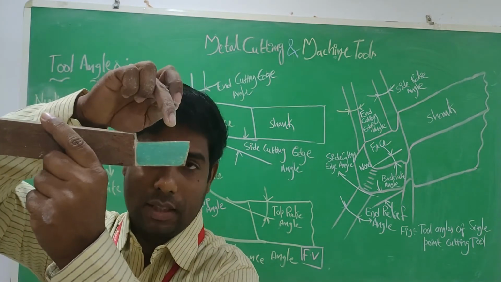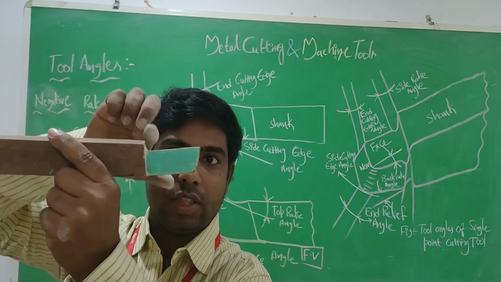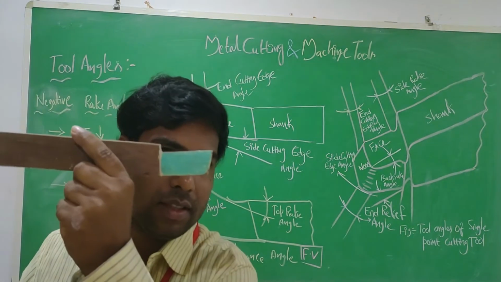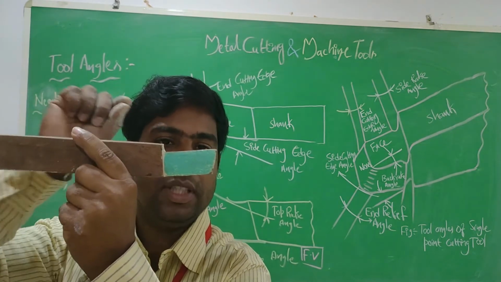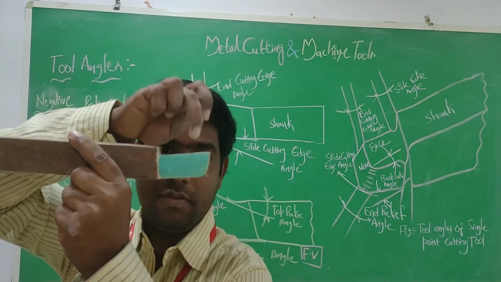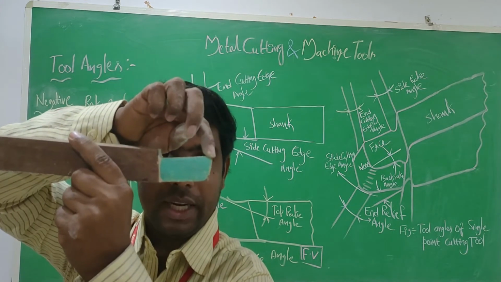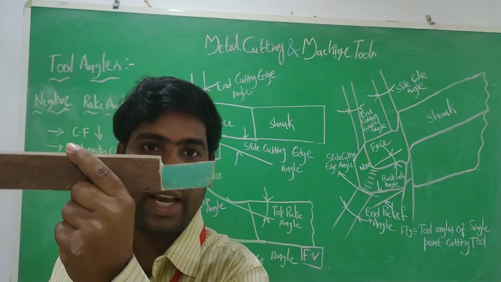Simply, the face of the cutting tool slopes upwards towards the cutting edge, that is called negative rake angle. Or we can simply say that the face of the cutting tool slopes away from the cutting edge at the outer side is called negative rake angle.